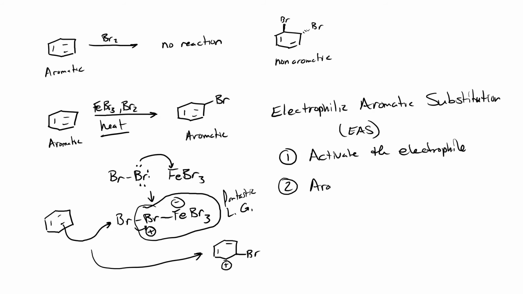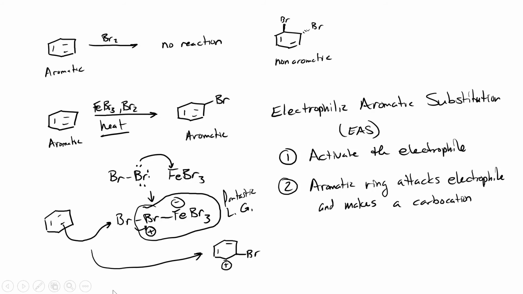Your aromatic ring attacks the electrophile and makes a carbocation. The pi bond attacks the bromine.